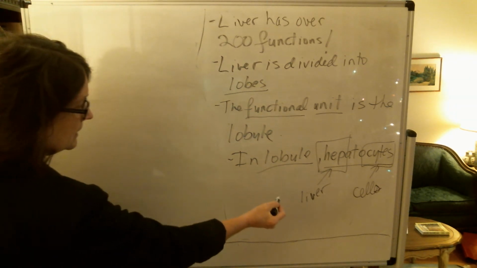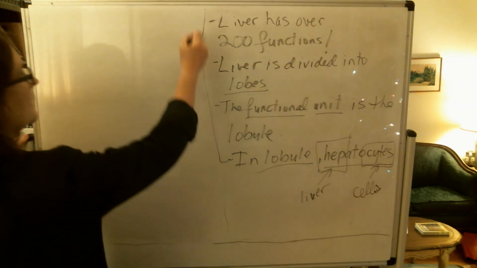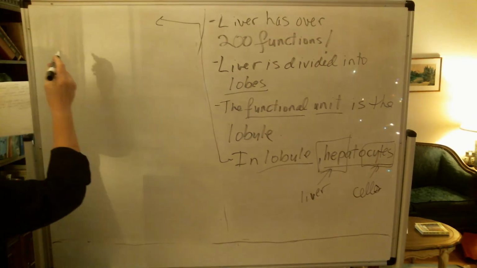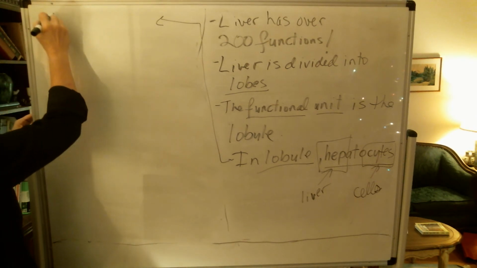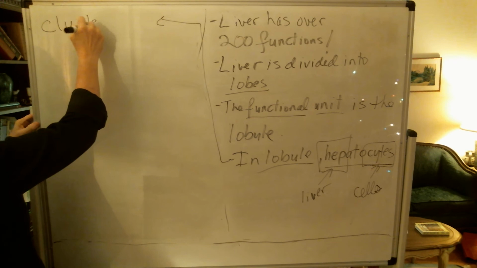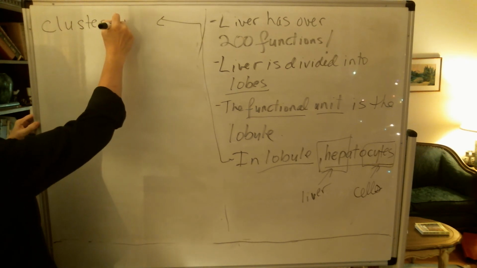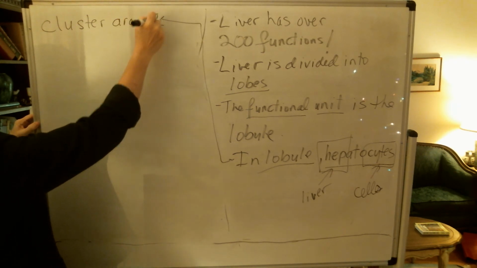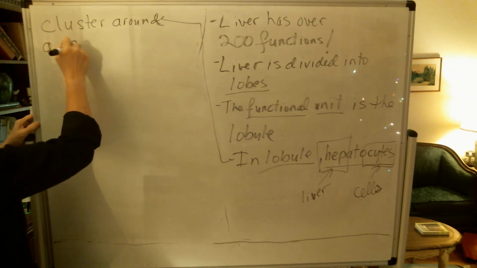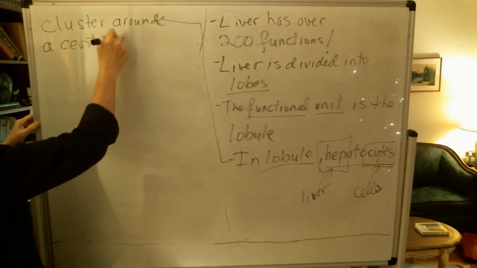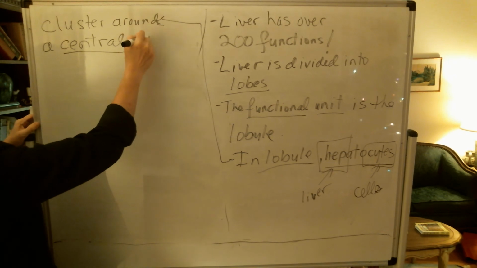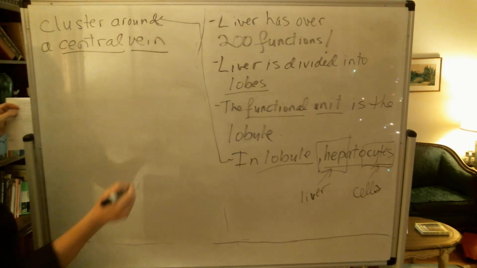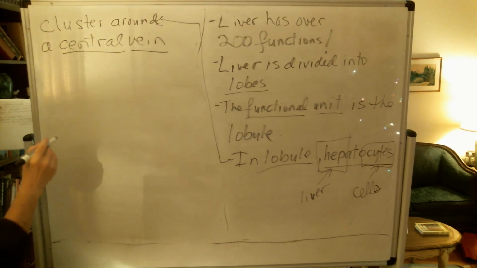So then in the liver, your hepatocytes then cluster around a central vein, a tiny central vein.